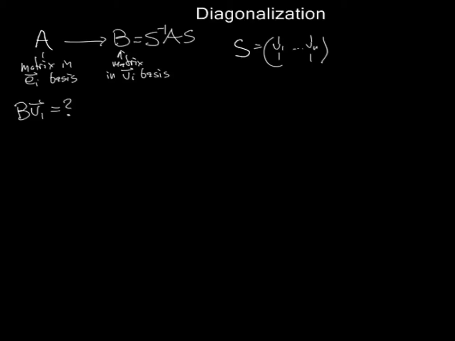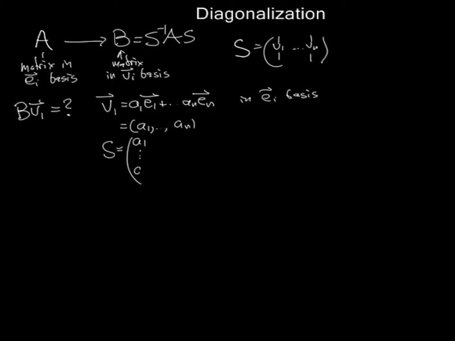And let's see why that is. So we'll do an example. If you take this new matrix B and apply it to V1, what do you get? Well, suppose V1 is written this way in the usual basis, A1 E1 up to An En. So this S, that's the first column of S, is this A1 through An. All right, so now let's look at what B does.